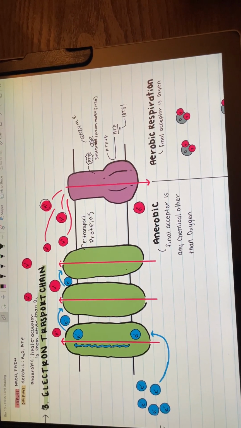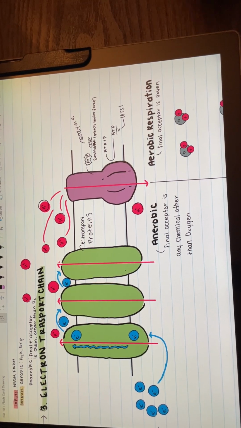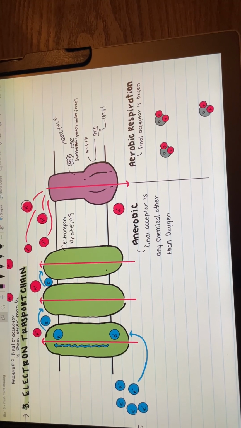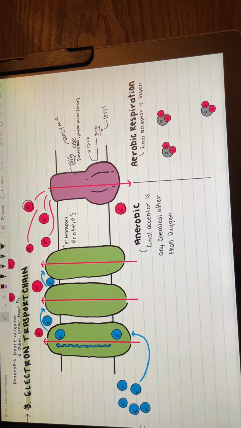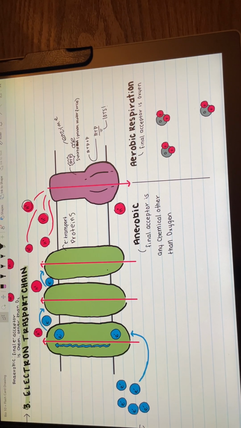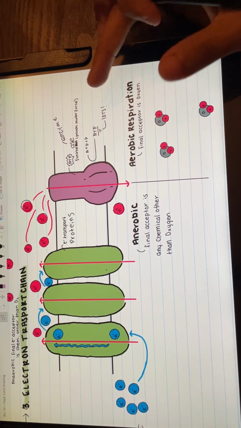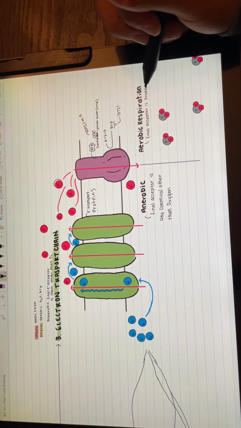For every glucose molecule, we can produce around 28 to 32 ATPs. So depending on the cell, we will either get oxygen.